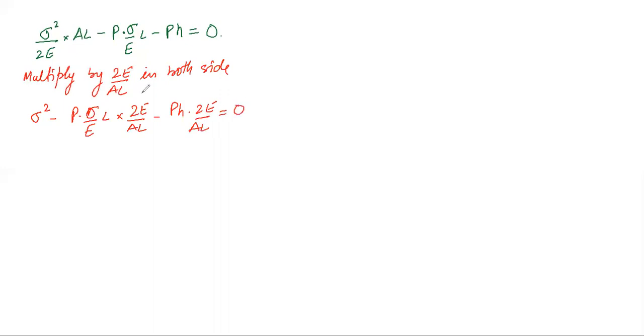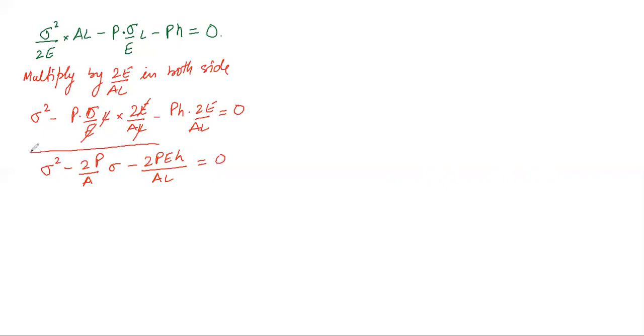Now you can see that this E is cancelled out in this condition, right? L is also cancelled out, and you can write this expression as sigma square minus 2P by A sigma minus 2PEH upon AL is equal to 0.